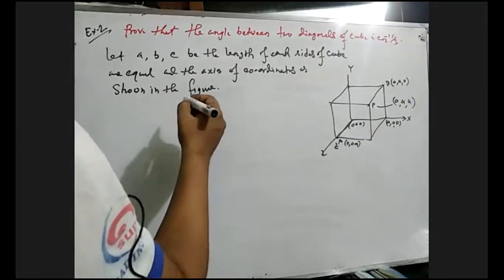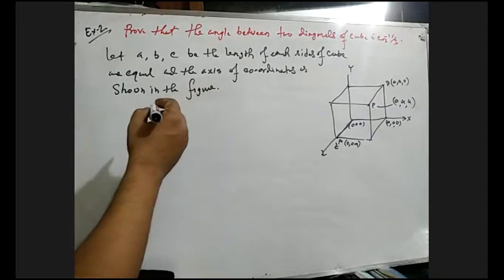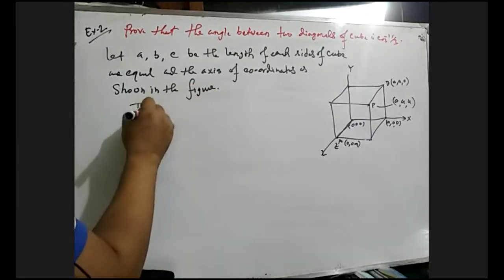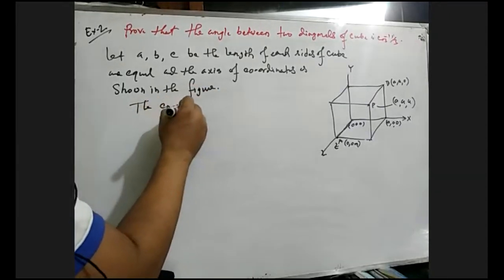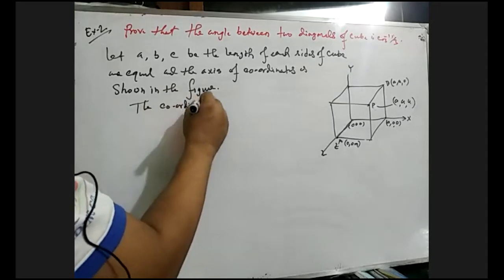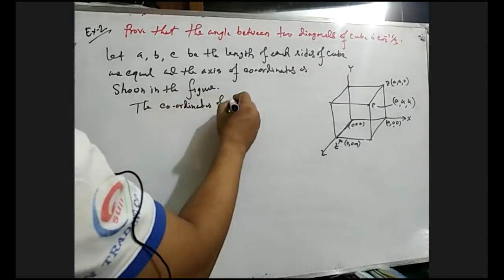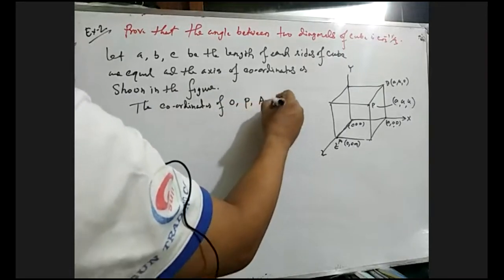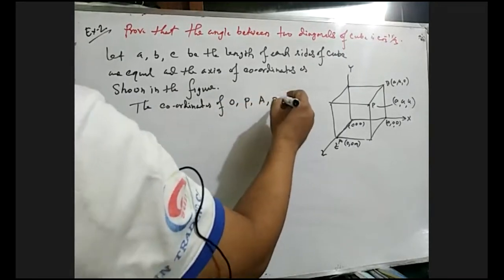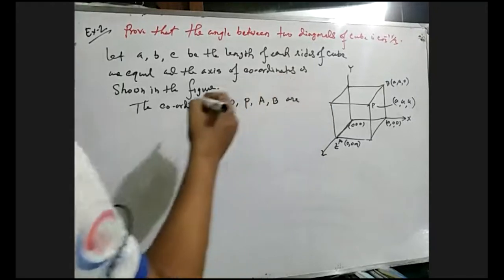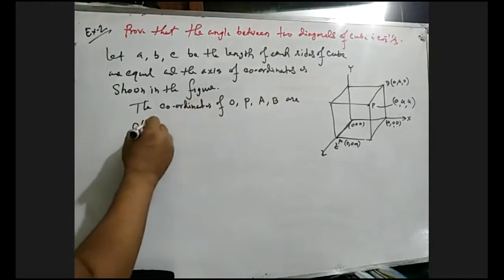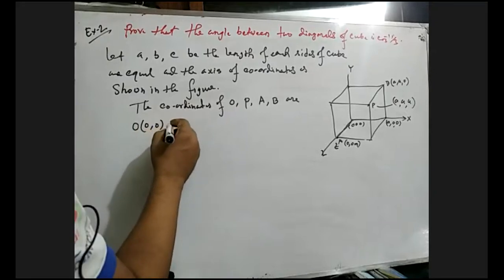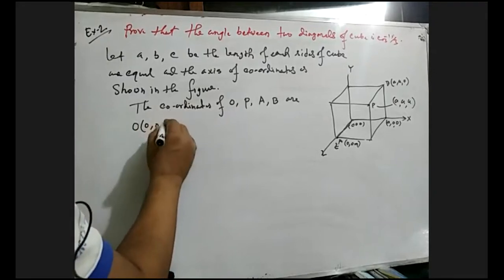That means the coordinates of O, P, A, B are as follows. O is 0, 0, 0.